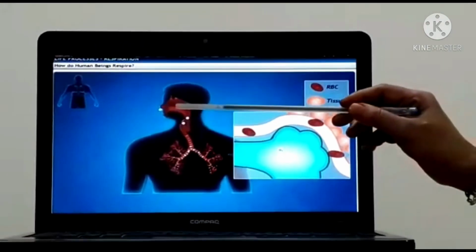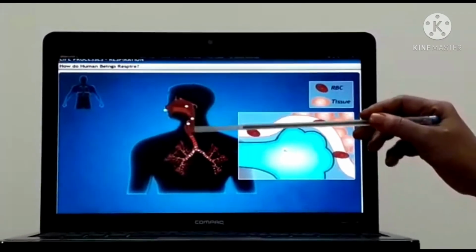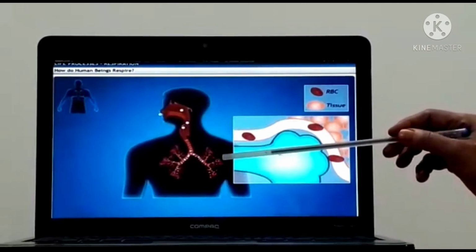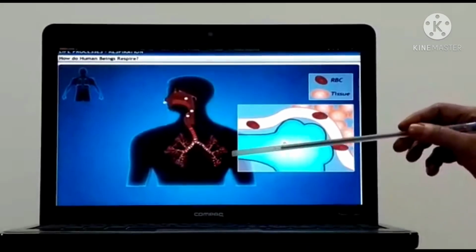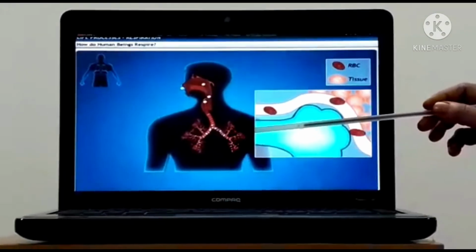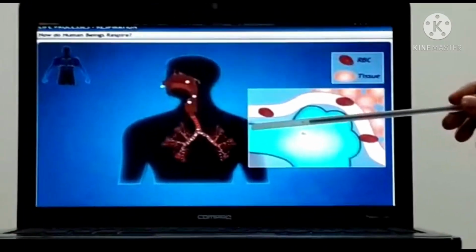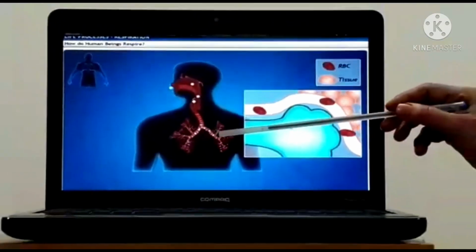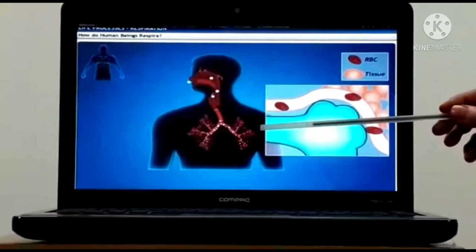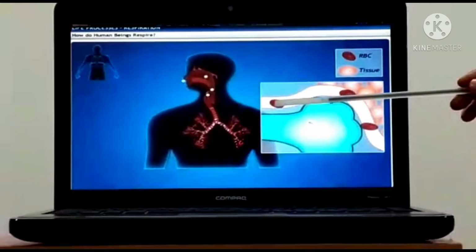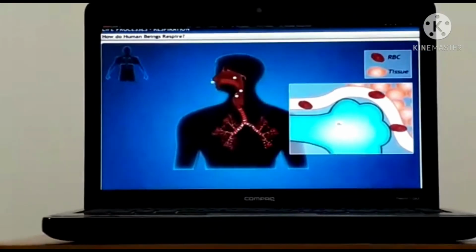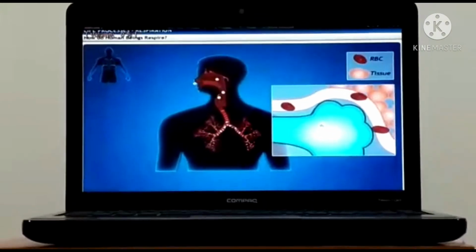Let us study the transport of oxygen and carbon dioxide. The oxygen we breathe in passes through the respiratory tract, and when it reaches the alveolar sac, it is surrounded by blood capillaries which contain blood. There is more oxygen in the inhaled air, so that oxygen diffuses into the blood. And this oxygen combines with hemoglobin to form oxyhemoglobin.